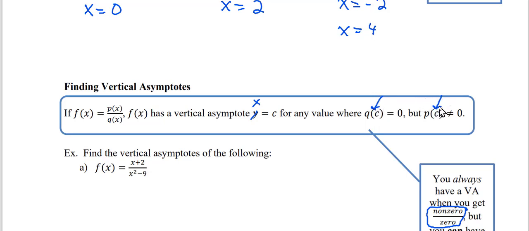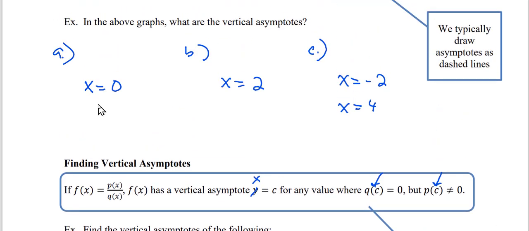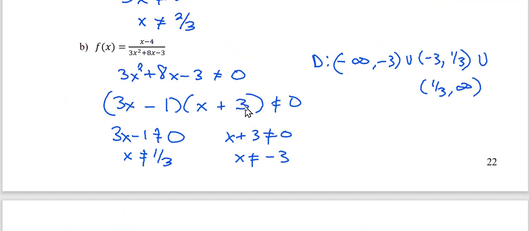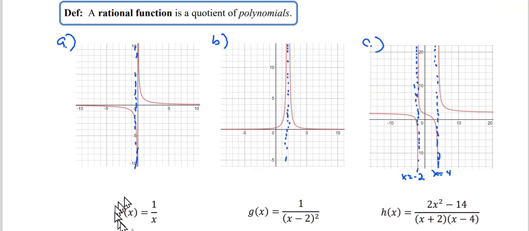Okay? Let's go ahead and take a look. We had vertical asymptotes at x equals 0, x equals 2, x equals negative 2, and 4. Let's come up here and look at these equations. This first one, x equals 0, is what we had for our vertical asymptote. If you notice, the denominator is 0 here.